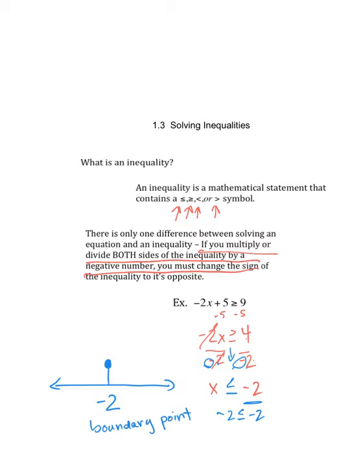Now, either to the left or to the right are all the solutions. Where are the values that are less than negative 2? They are to the left, like negative 4. Negative 4 is less than negative 2. It's a solution. So all these points in this direction, ladies and gentlemen, are solutions. So we draw this ray that contains an infinite number of points.